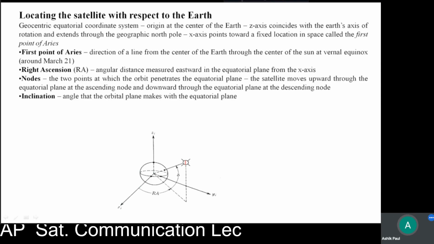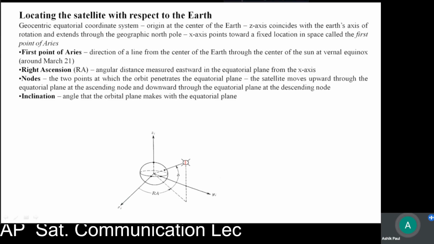In case of nodes, this definition is a little bit more extended and does not only consider your horizontal plane, that is, the plane which you can visualize from your location along a particular horizon.